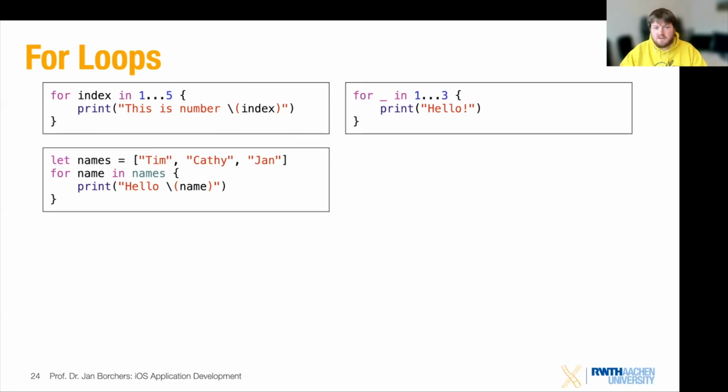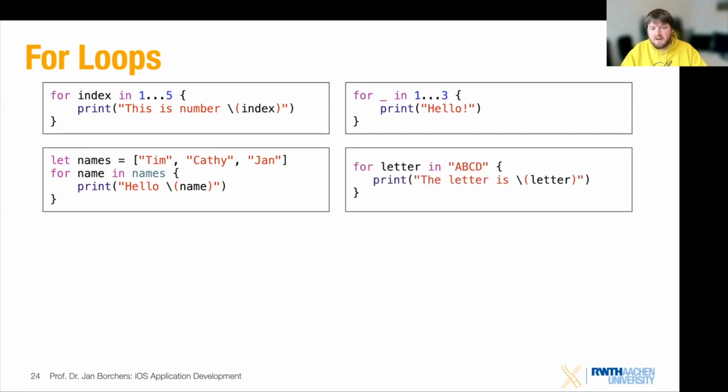And that is also possible directly with strings, for example. If I iterate over a string with the same syntax, I'm getting every letter in sequence. So here it would print out each letter individually directly by just using this for loop.